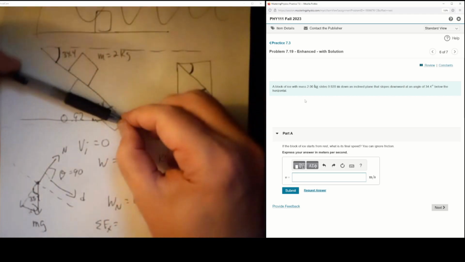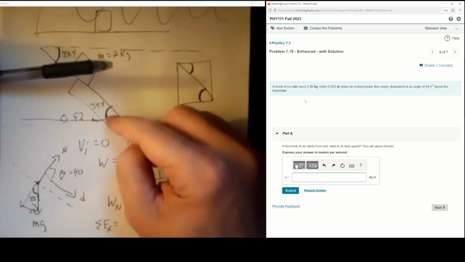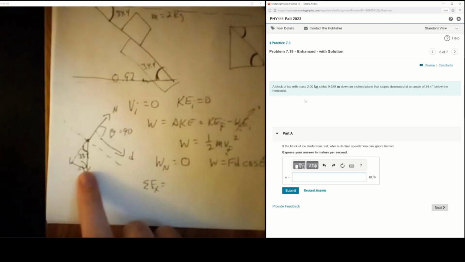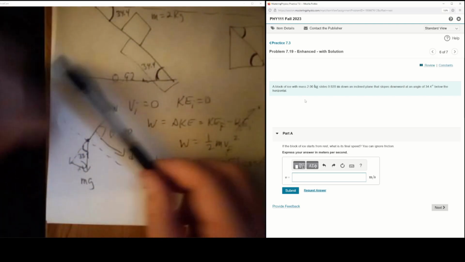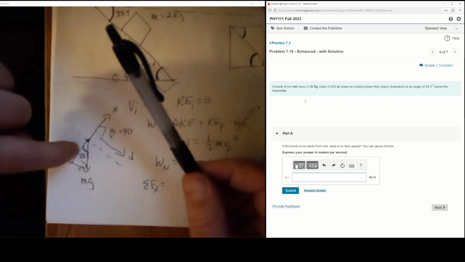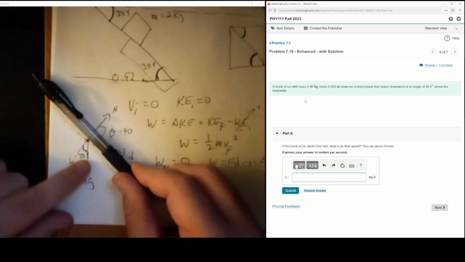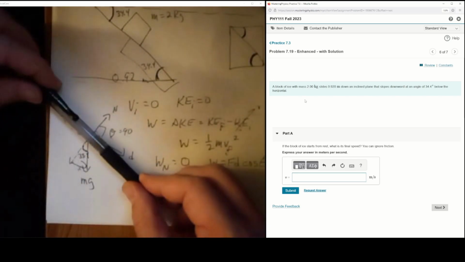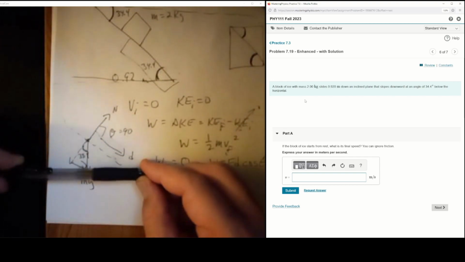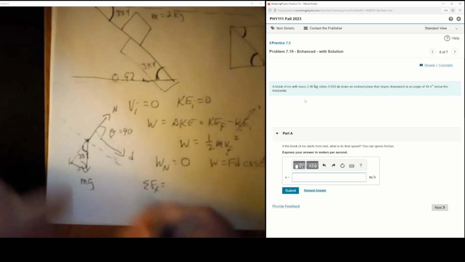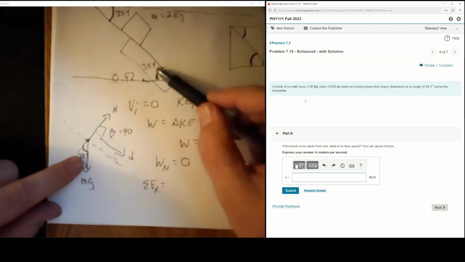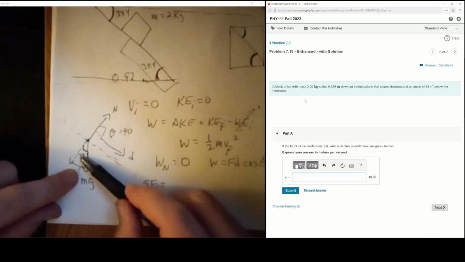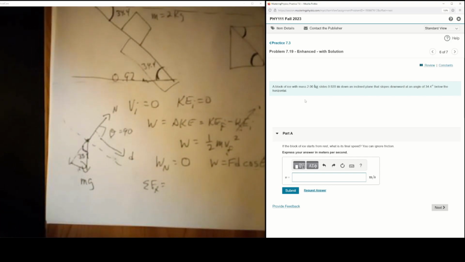And if you think the same thing over here, if the ramp flattens out, this arrow is getting closer and closer to this arrow, and it's this angle that's going to 0 as we flatten the ramp. And so this angle is the angle of the ramp. When the ramp angle goes to 0, so does this one.